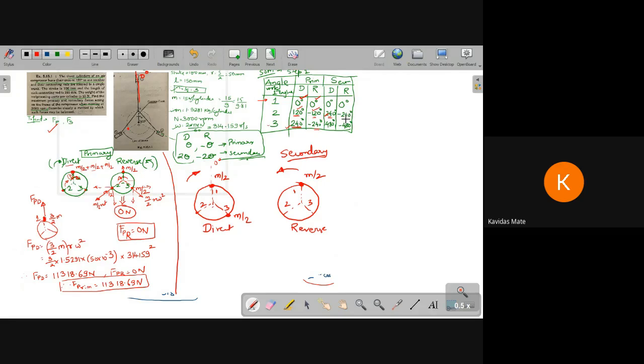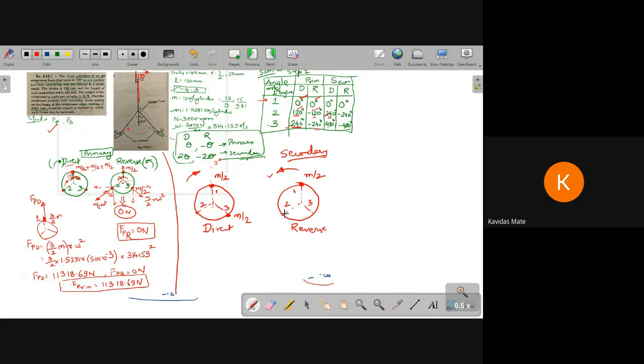Next, for reverse, you see the minus is deciding this direction. So 240. Ideally it should be over here, but we need to move by 240. If you see, it could go in either this direction or this direction. We need to look at this direction, so we go anti-clockwise.